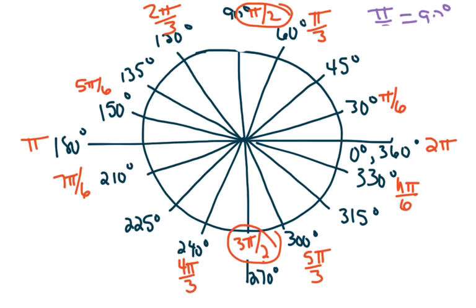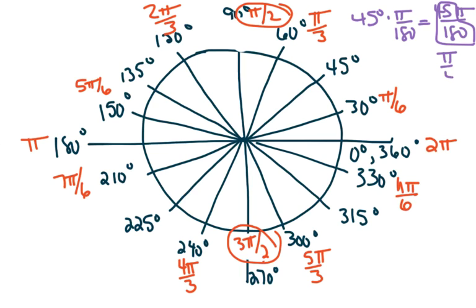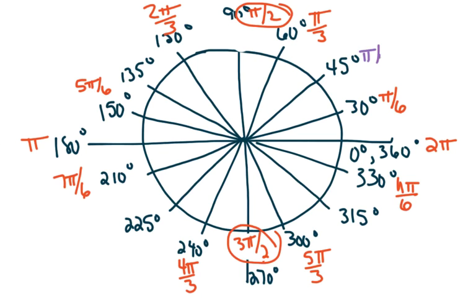However, you can also do it the new way we did it, which is you can multiply 45 times pi over 180, and you get 45 pi over 180, and 45 over 180 reduces to 1 over 4. All right, so now we know that 45 degrees is pi over 4. So if you go another 45 degrees, you're at 2 pi over 4.